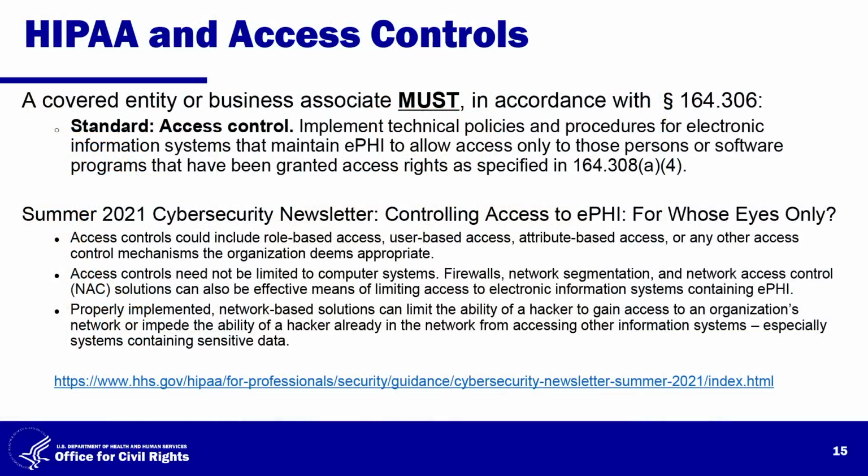As with all security rule safeguards, access controls must be implemented in a manner to ensure the confidentiality, integrity, and availability of all ePHI. The access control standard requires HIPAA-regulated entities to implement technical policies and procedures for electronic information systems that maintain ePHI to allow access only to those persons or software programs that have been granted access rights as specified in 164.308(a)(4).